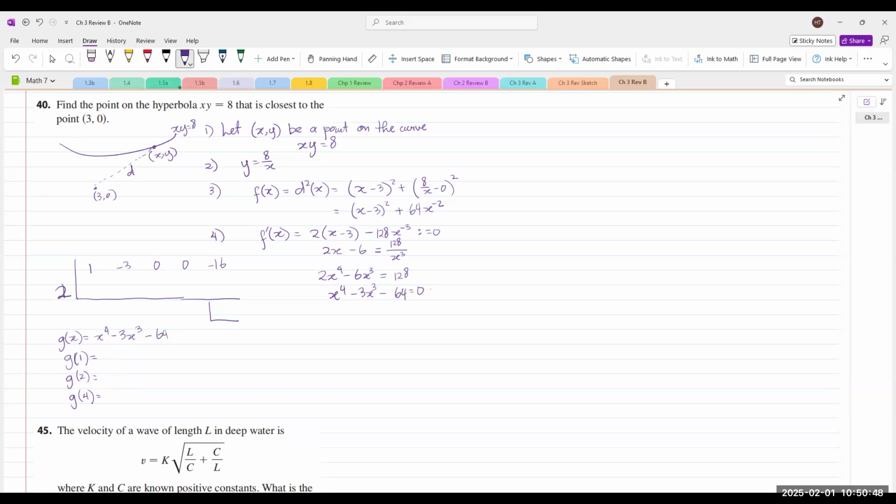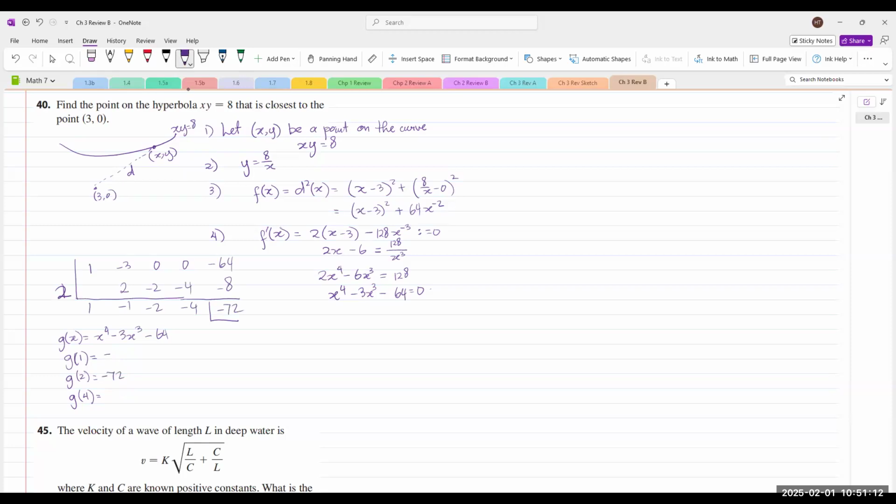This is 60 minus 64. Minus 64. Okay, 1, 2, negative. This 2, -1, -2, -2, -4, -4, -8, -72.